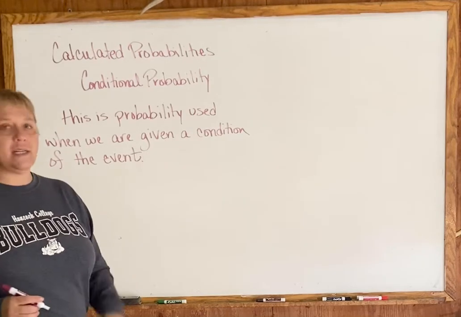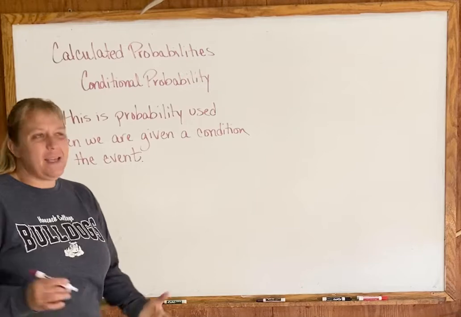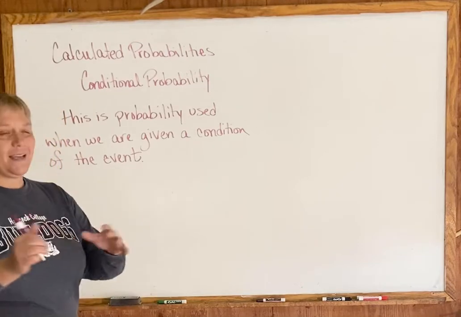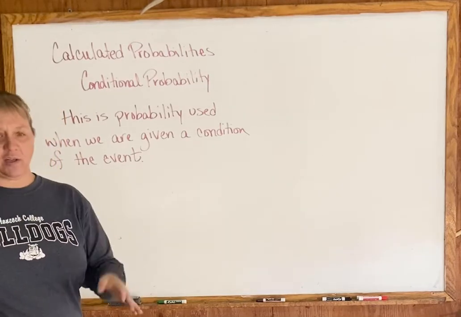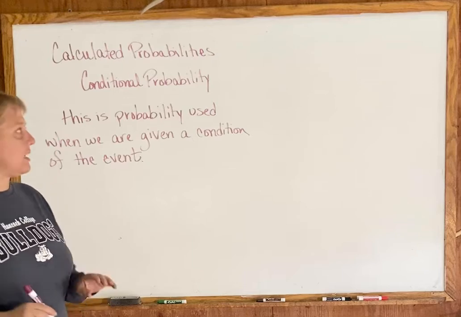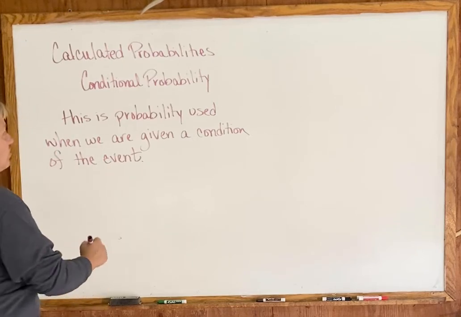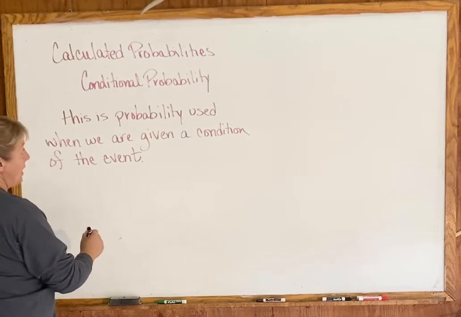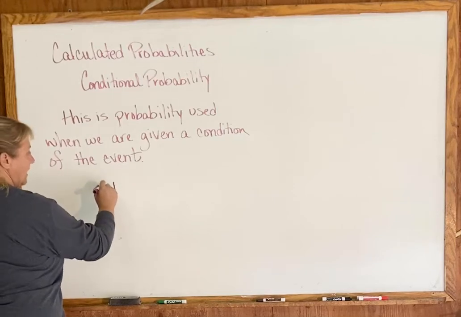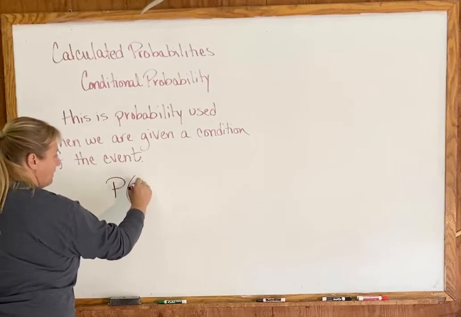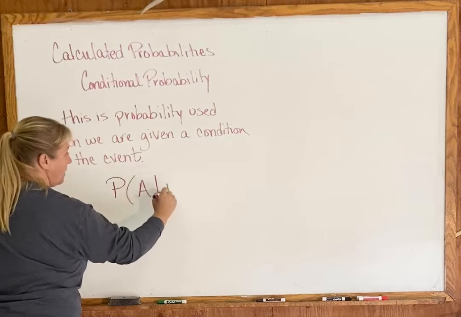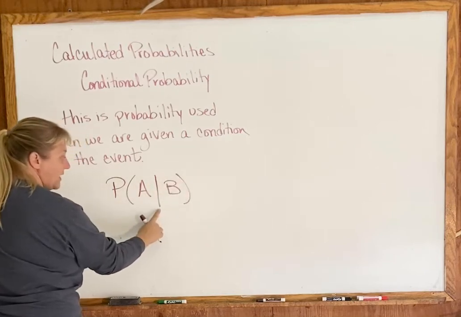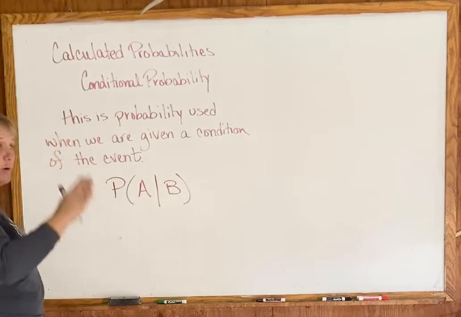But the way that we're going to see it is in math problems. Okay, so we're not going to be playing blackjack or anything like that. We're just going to do basic math problems here. So the notation for conditional probability looks like this: the probability of A given B. Now that's not a division line; it's a straight up and down line.